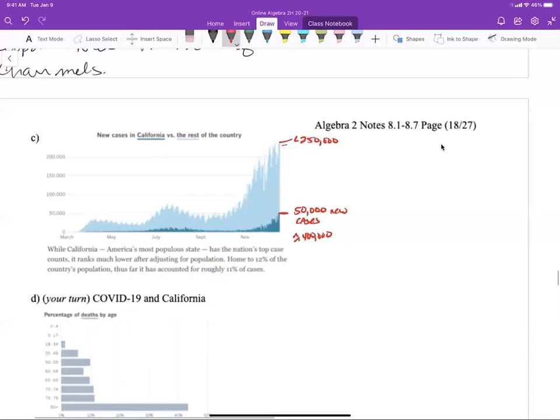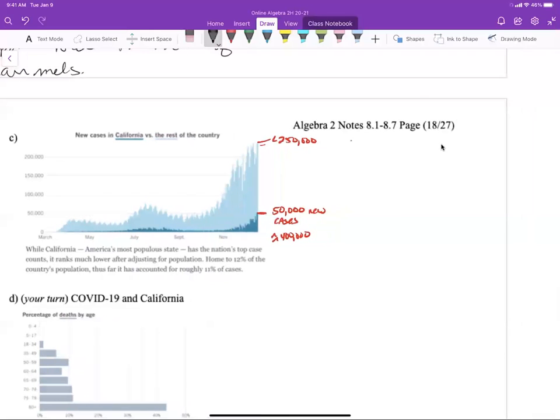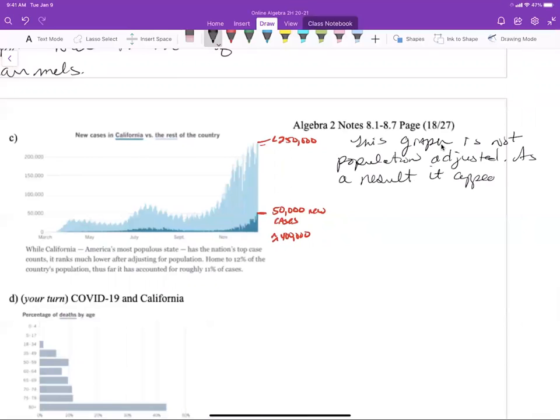So this was a very misleading graph. How we would say this is, this graph is not population adjusted. As a result, it appears California is always doing very good.